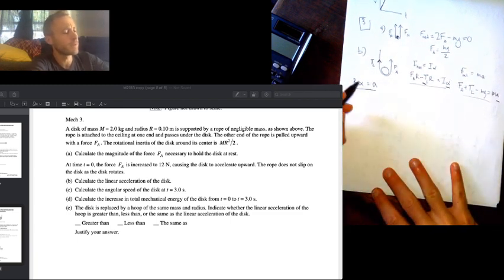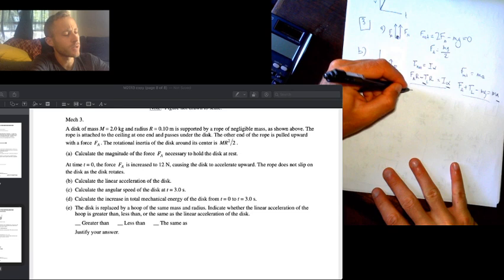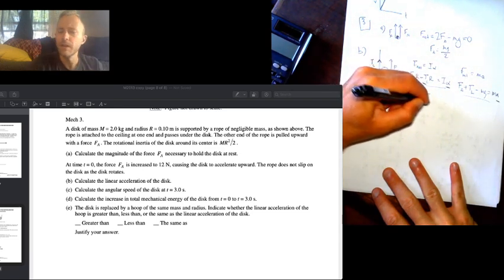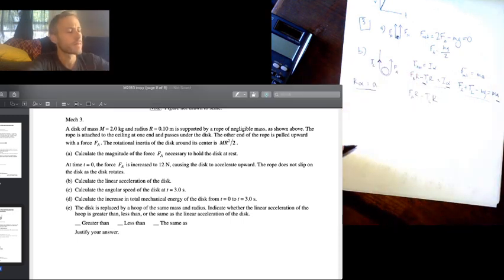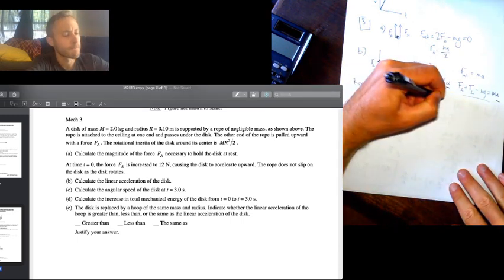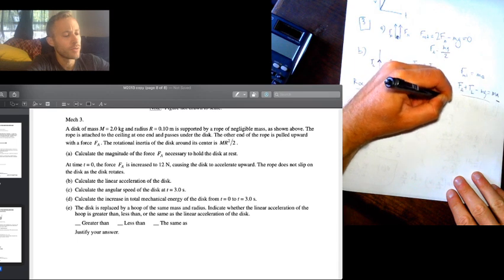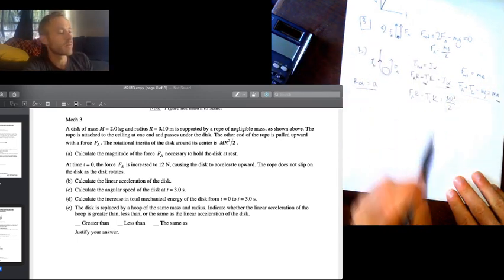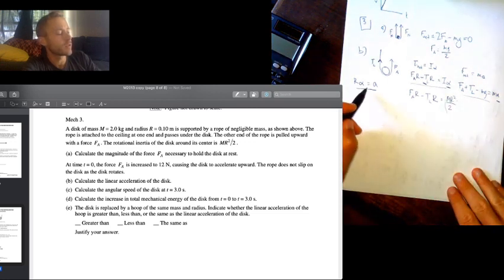So plugging that in, we get F sub A times r minus T sub L times r equals mr squared over 2. So I plugged in the expression for inertia, and then I can also plug in the expression for alpha. Alpha equals a over r. Okay.